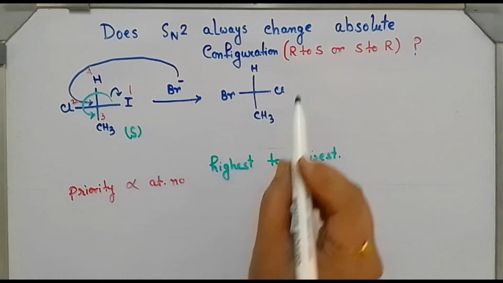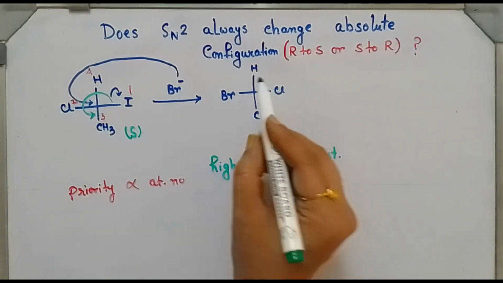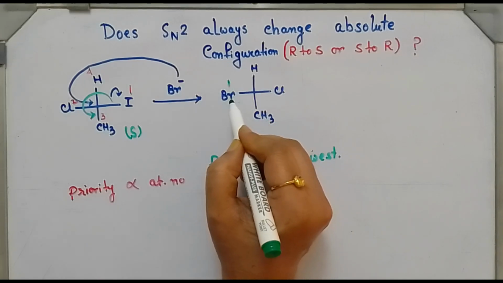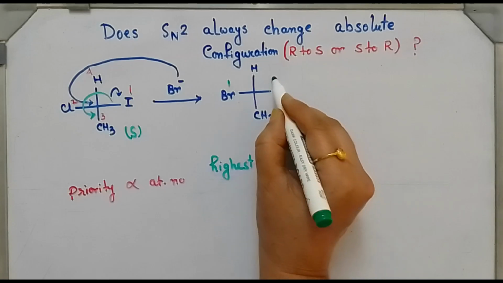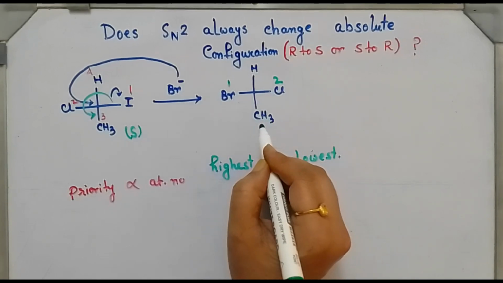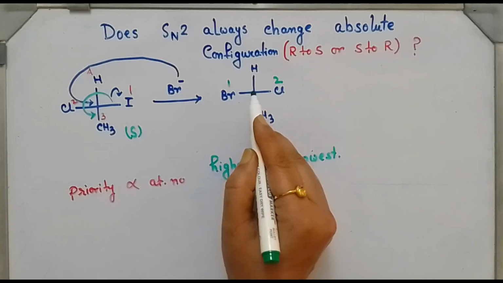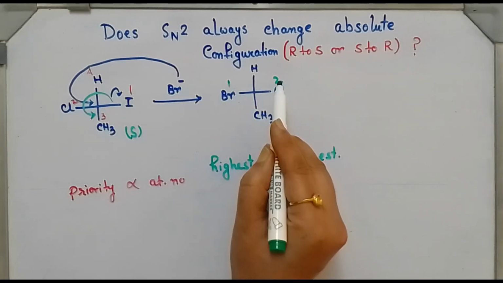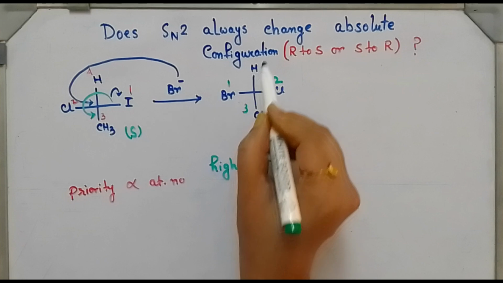Similarly, for this compound, the highest priority is for this Br because it has the highest atomic number. Then this one. Here in the CH3 group, carbon is directly attached to the chiral carbon, so you have to check its priority. So first one is Br, then this one, and this is fourth.